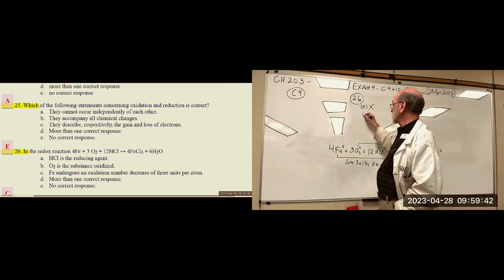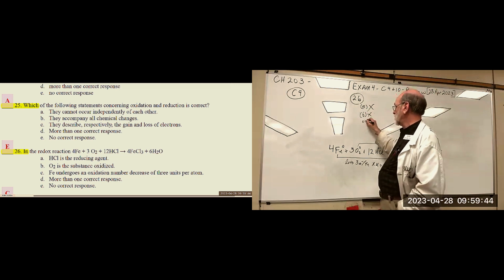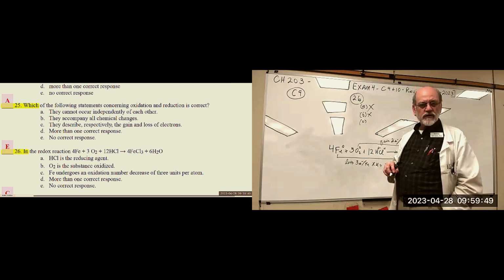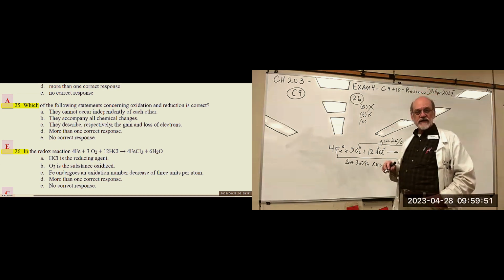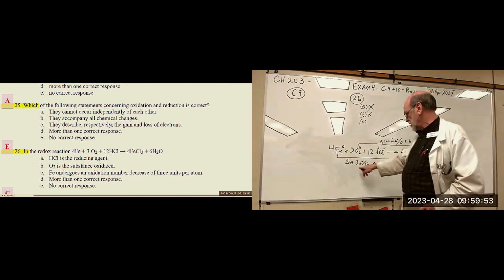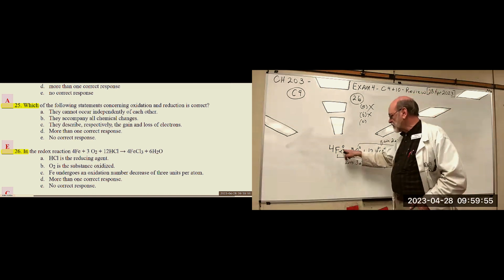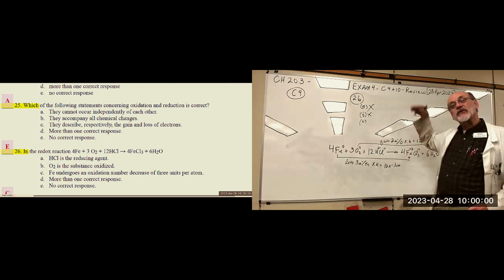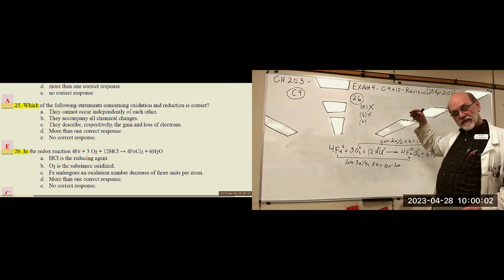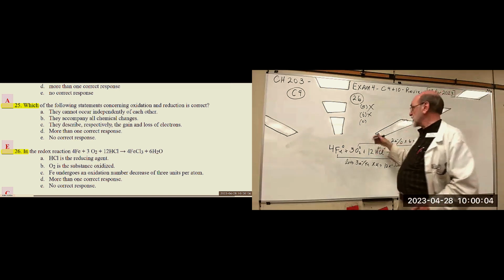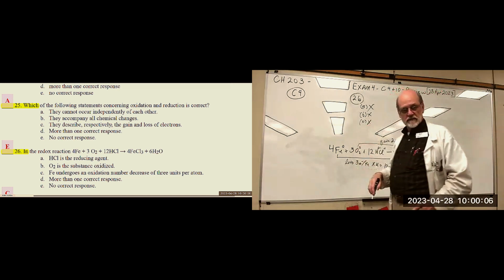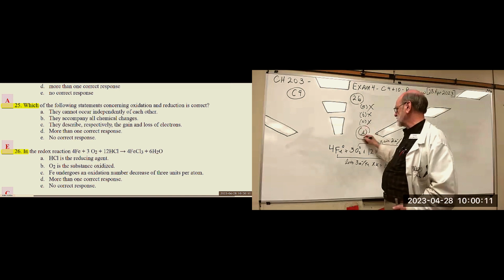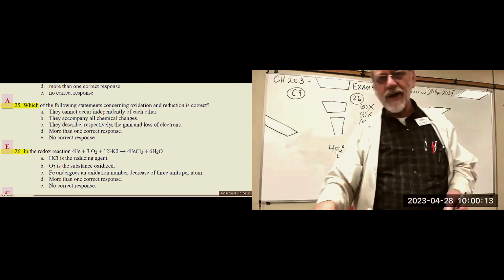Oxygen was reduced. How about C? Iron undergoes an oxidation number decrease of 3 units per atom. Its oxidation number increased from 0 to +3. So C is wrong. They're all wrong. E's the answer. There's no right answer in that.